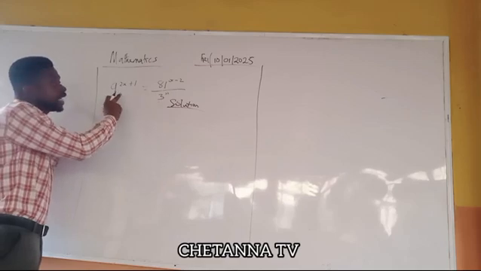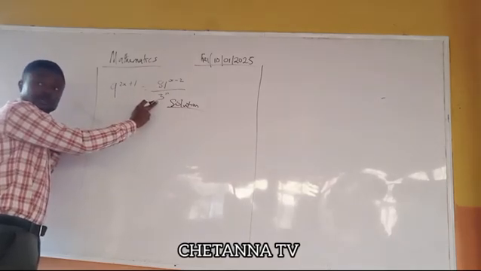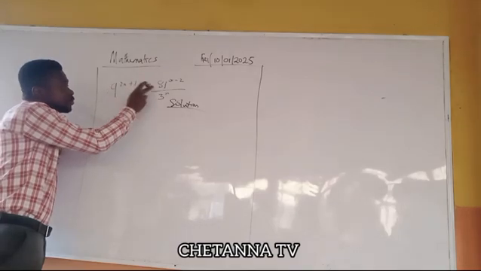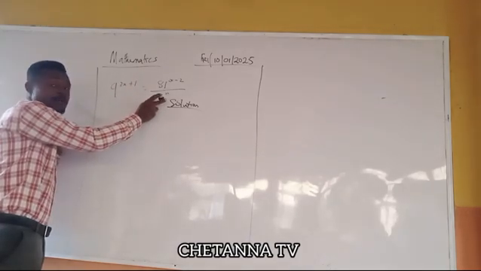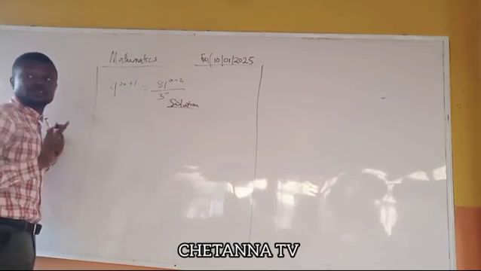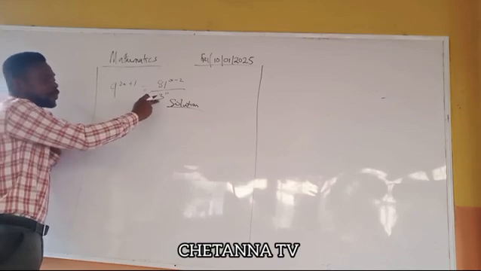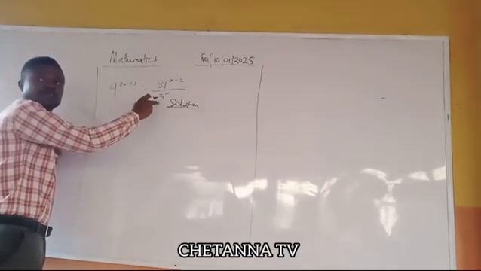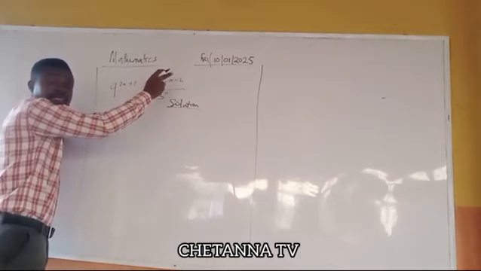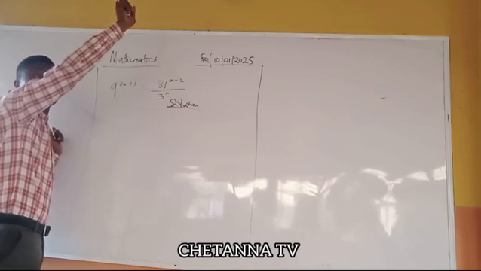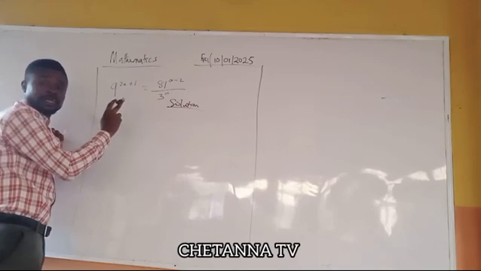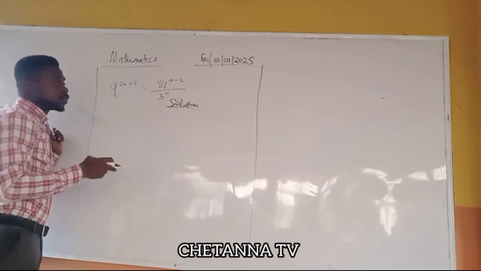You know that these numbers are multiples of 3, so we can easily reduce them to the same base. 9 is a multiple of 3, and 81 is a multiple of 3. So we turn the 81 to have base 3, then we shift the power, the index. We turn this 9 to have base 3 as well, and we move the power, so we can easily solve it.